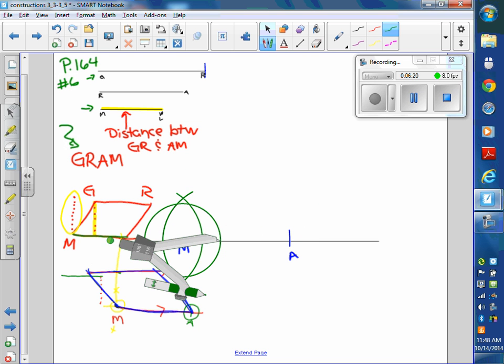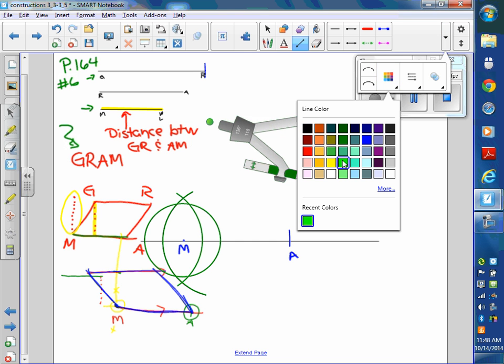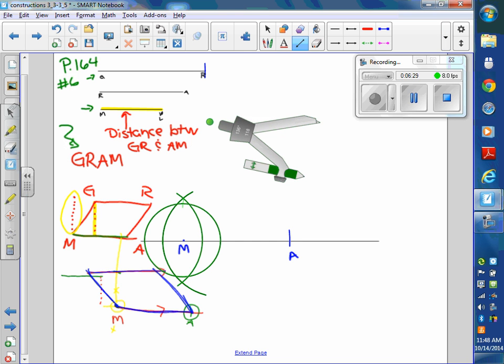Now I'm going to take a straight line tool and make a perpendicular. It's not going to be part of my final picture, but it is that distance. So make it nice and long.